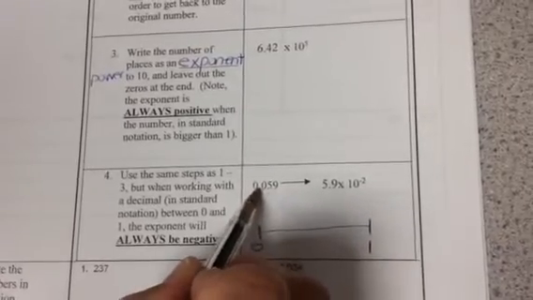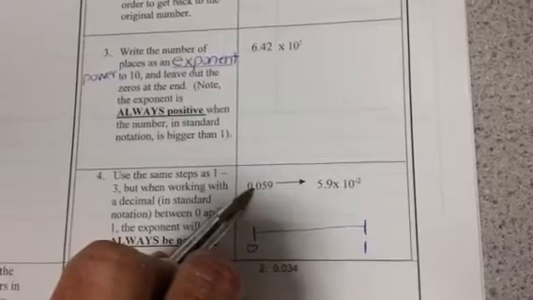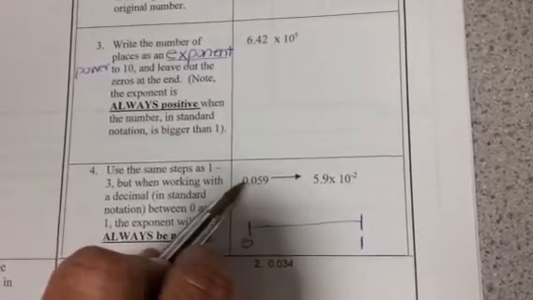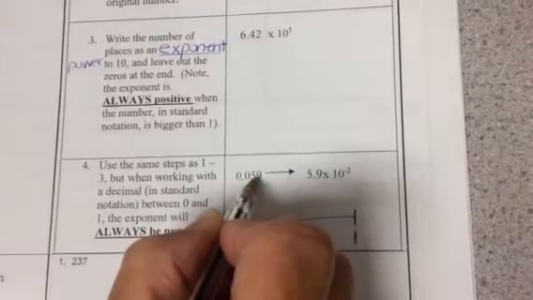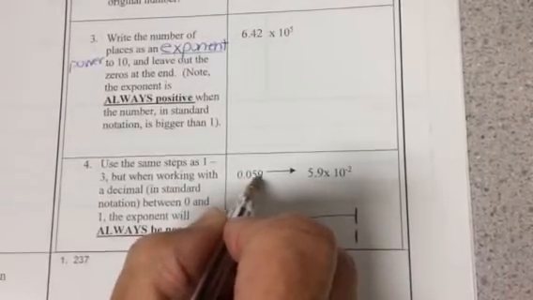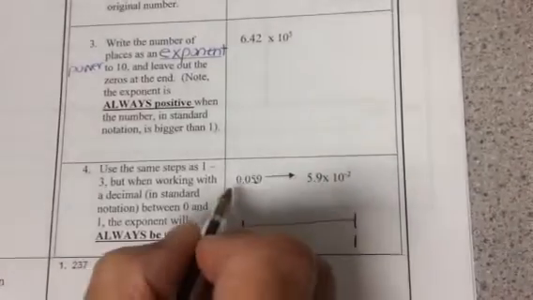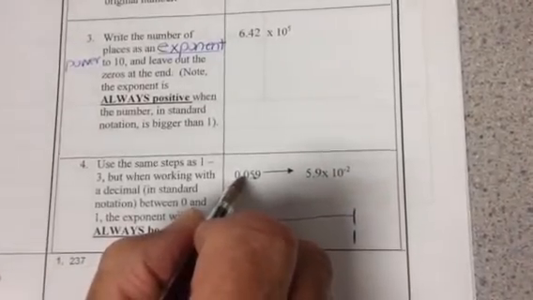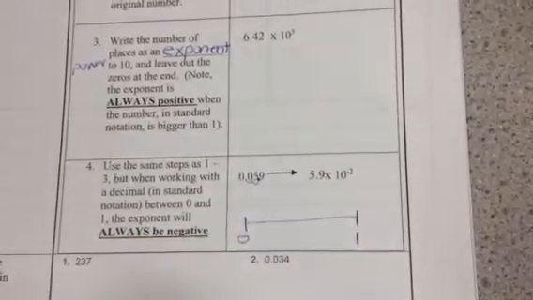So what we're going to do is move this decimal to after the first non-zero number. Well, the first non-zero number here, moving left to right, is the 5. So we're going to move it to behind the 5, which they did right there. And then we're going to count how many places you moved it. 1, 2 places.